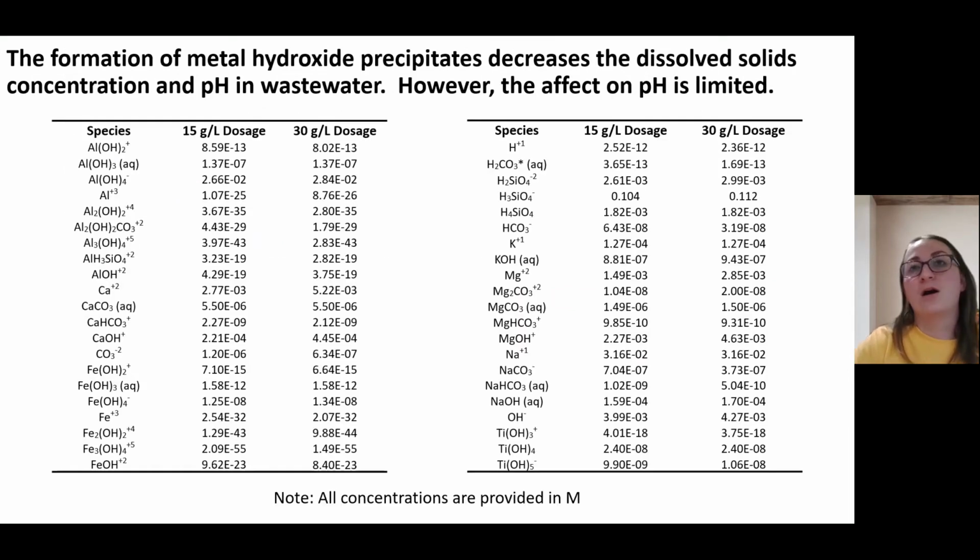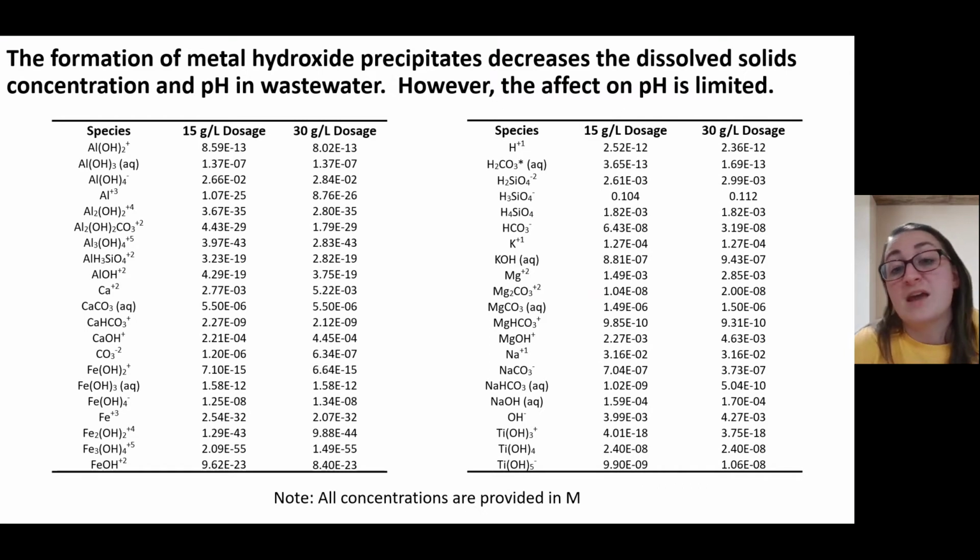So overall, based off of my results from using this problem as my basis in MINTEQ, I was able to confirm that using fly ash as a treatment method for industrial wastewater does decrease the dissolved solids concentration and pH in the wastewater because the formation of the metal hydroxide precipitates consume a lot of those dissolved metal solids that were initially in the solution.